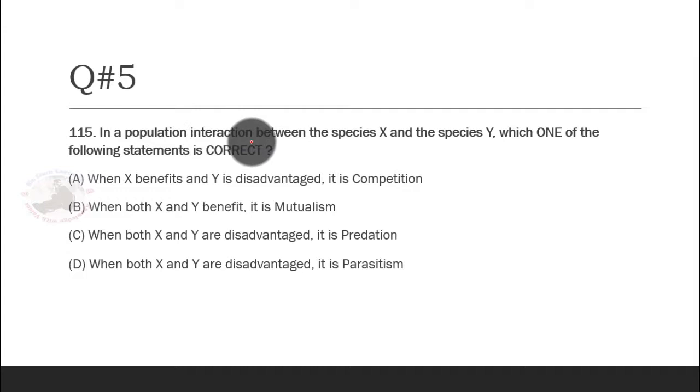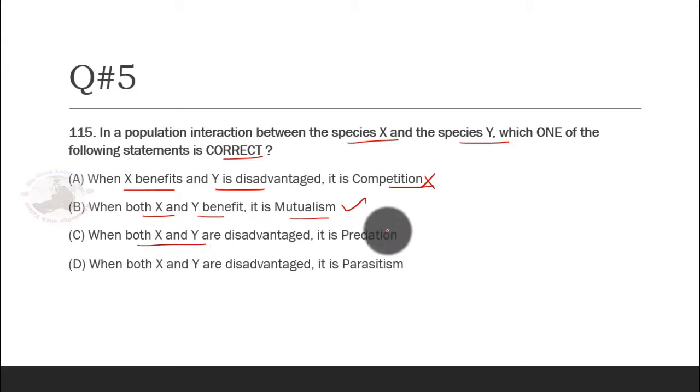In a population interaction between species X and species Y, which one of the following is correct? This is very easy. X is benefiting, Y is not, Y is disadvantaged. Competition is not like that, so it is not correct. Where both X and Y benefit, that is mutualism, this is correct.